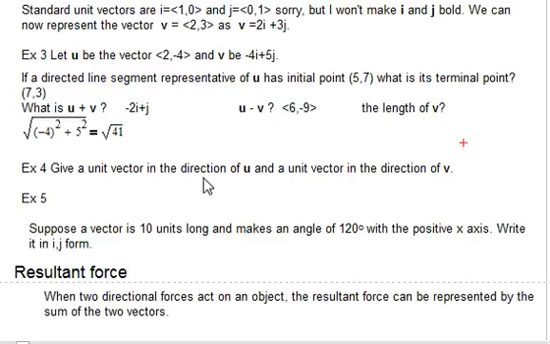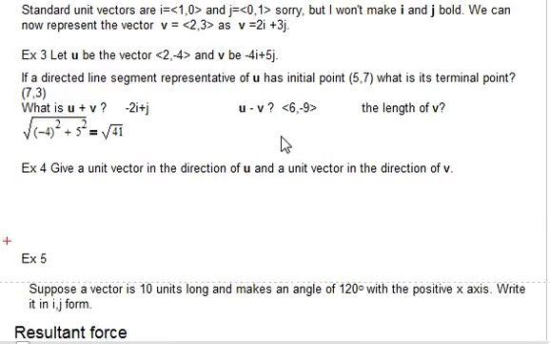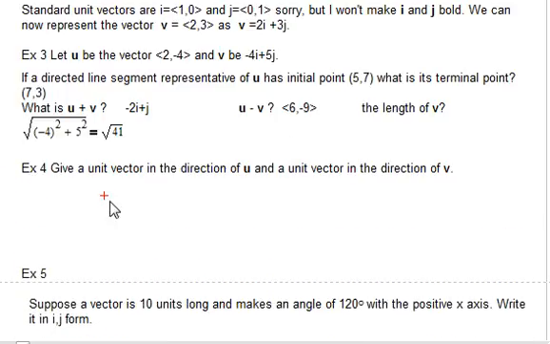Example 4. Give a unit vector in the direction of u and a unit vector in the direction of v. Well, since I already got the length of v here, I could definitely do that one first. A unit vector in the direction of v would be 1 divided by the length of v times v.